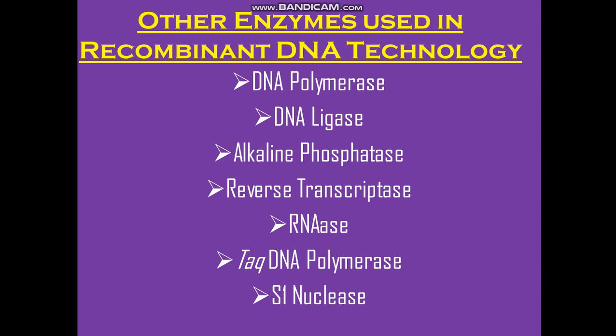Clear? So this is it. Next is S1 nuclease. S1 nuclease acts on the single strands of double-stranded DNA and results in blunt ends in the DNA fragments. So blunt ends are created. Although we are producing sticky ends, sometimes, to stop them from recircularizing, S1 nuclease is needed.